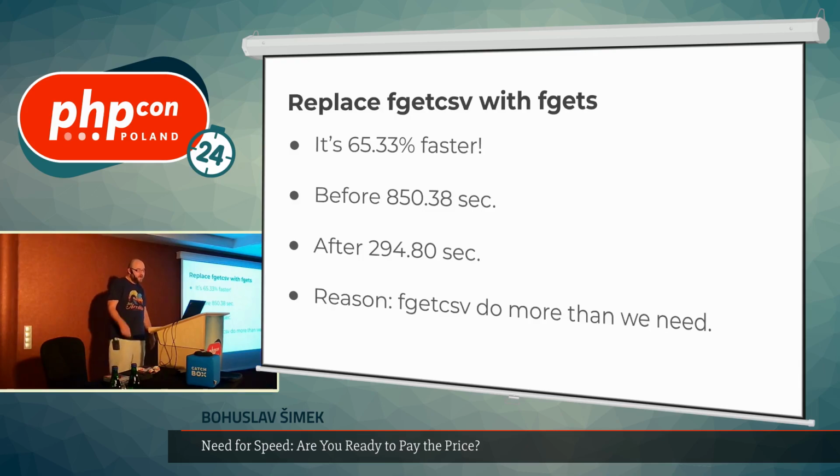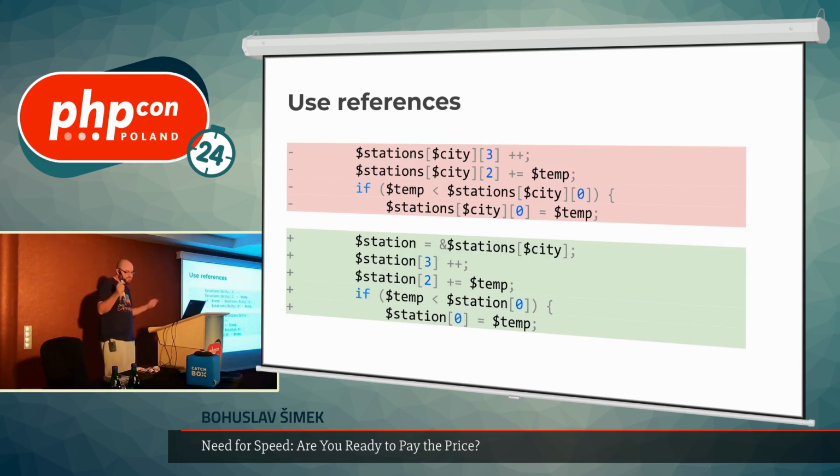We are now around 30 seconds. The issue here is that fgetcsv does more things than we need in this particular case. So we don't need that stuff, especially when we are in control of the input file, as we are in this challenge. So great.